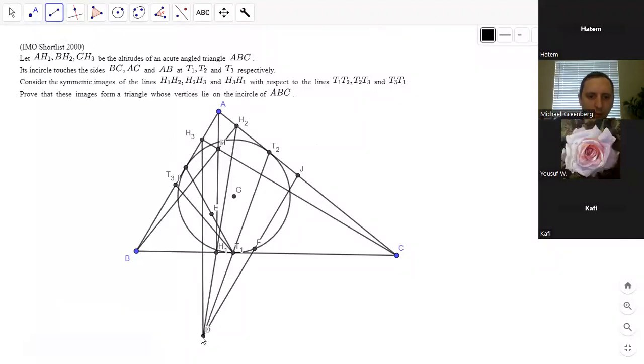wait, now I'm just confused. So I don't think that's right. So I have H3, H1, and I reflected it. Okay. So yeah, we want to show that T3E and JD meet at point F on the nine-point circle.